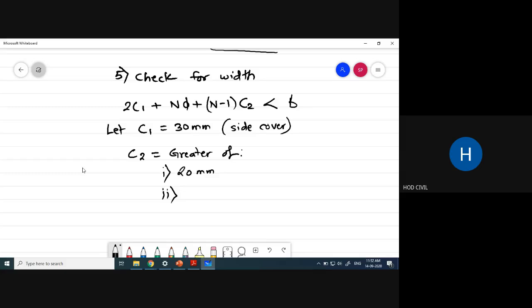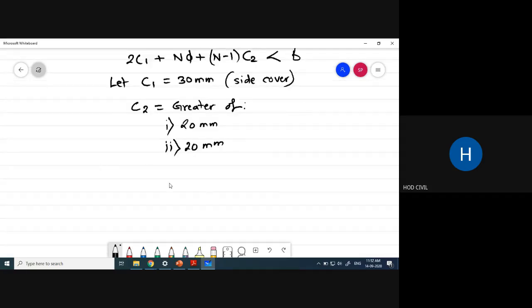All four bars we have adopted of the same diameter, so this value will remain the same, 20 mm. And the third one, the criteria is maximum size of aggregate plus 5 mm. Normally the maximum size of aggregate we adopt is 20 mm, so this will be 20 plus 5 equal to 25 mm. So out of these three values, we have to adopt the greater one. So we are adopting C2 as 25.